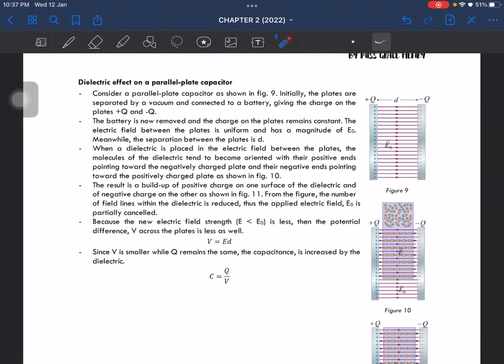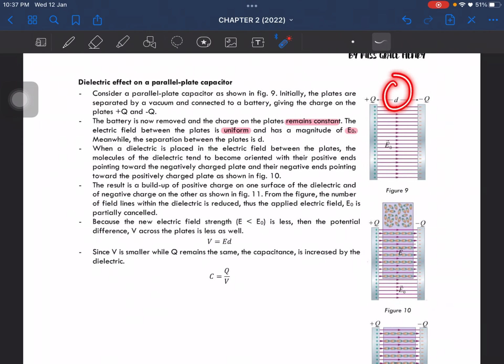When the battery is removed, the charge on the plates remains constant. The electric field between the plates will be uniform with magnitude E naught, the initial electric field strength, and the separation is constant, known as d.